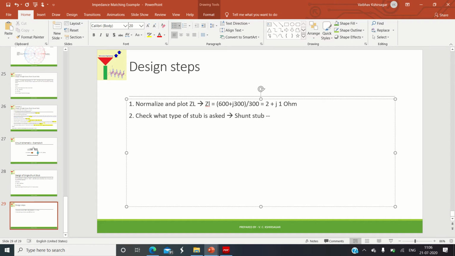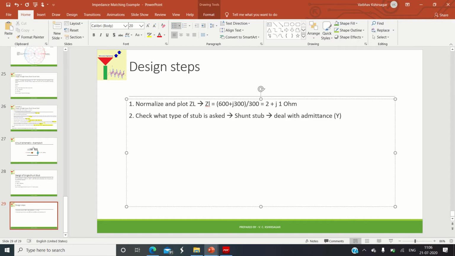Okay, if we are asked to design a shunt stub, we deal with admittance. Okay, we deal with admittance. So admittance is nothing but Y, which is a reciprocal of Z, please remember. So what have we plotted? We have plotted impedance. Okay, but we are asked to design a parallel stub or shunt stub.